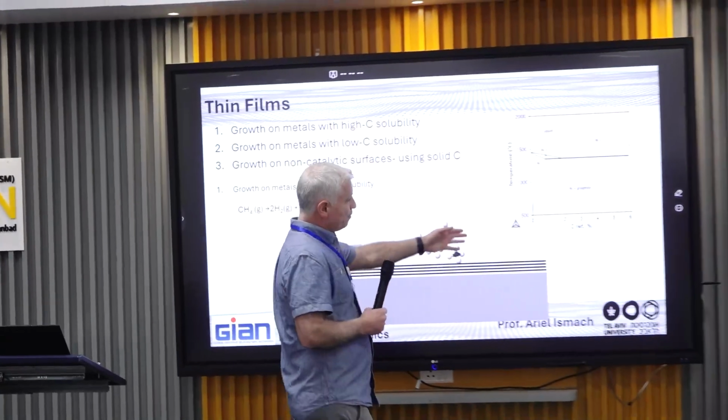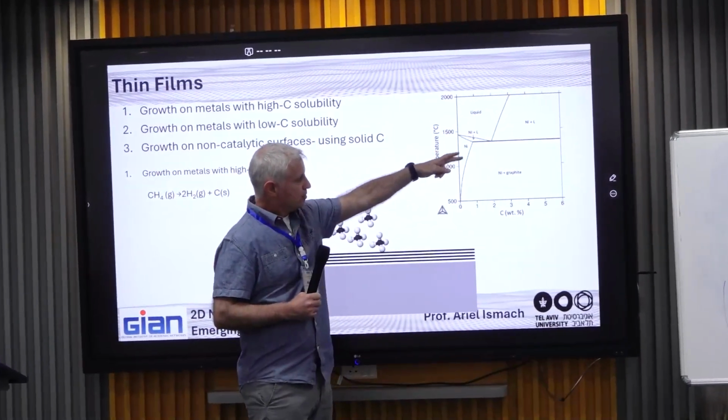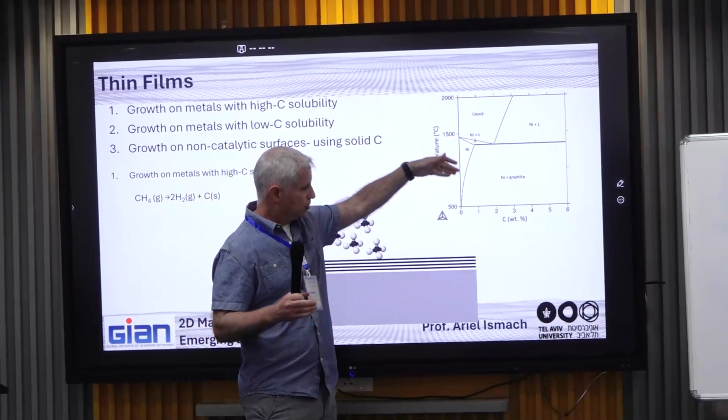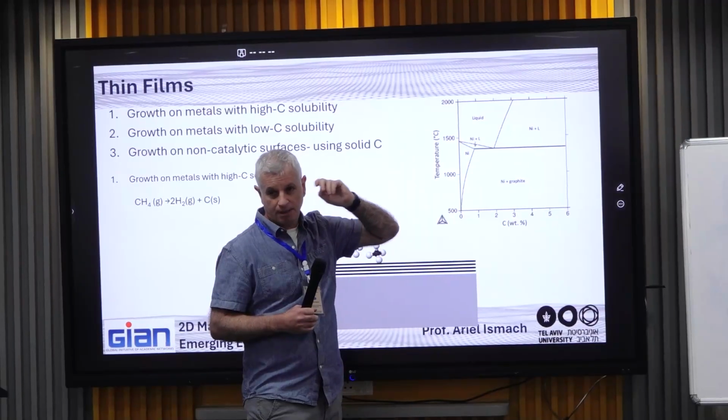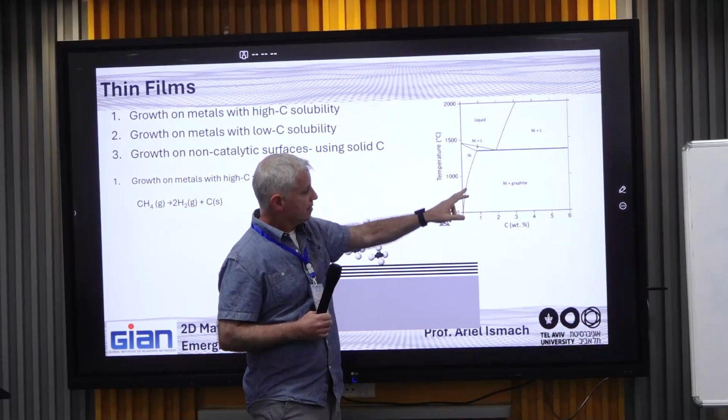For example, if you look at the phase diagram, you see that at the temperatures needed to grow a high quality graphitic phase, which is usually between 800 and 1000, the solubility in nickel is high.